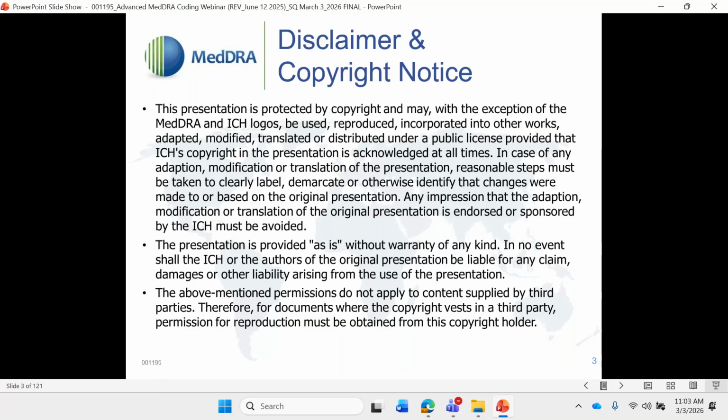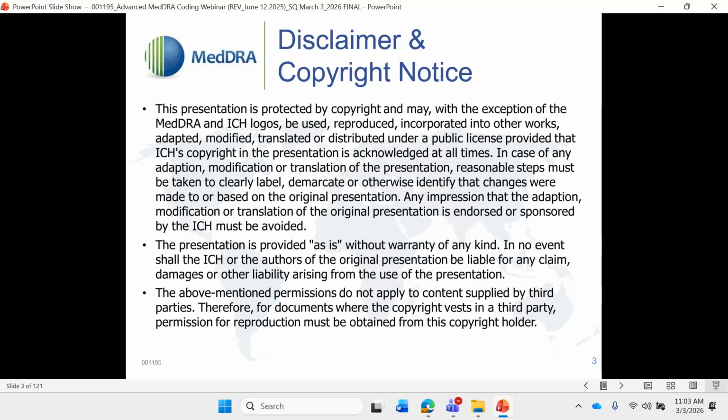And for those of you who have attended our many training webinars, we are always required to go over this disclaimer and copyright notice, and I'll try to paraphrase it as best as I can. The first bullet basically talks about the fact that MedDRA is owned by the ICH, and all of the material presented today is also copyrighted material owned by the ICH.